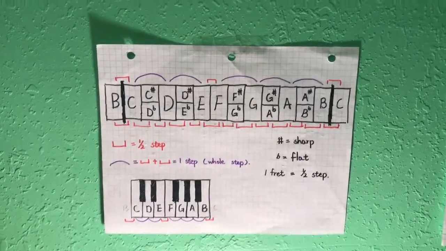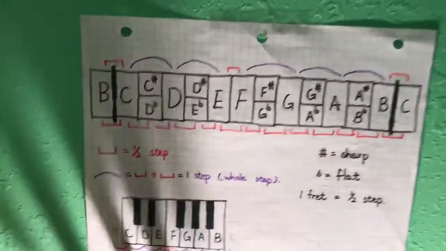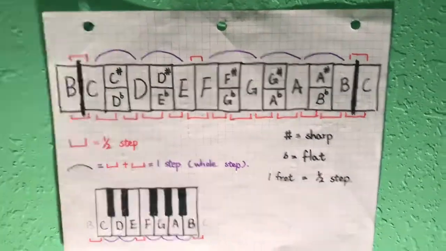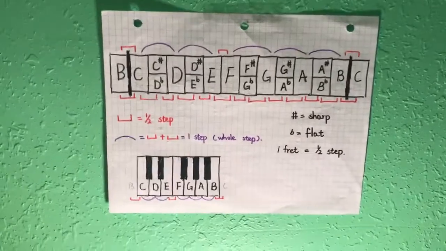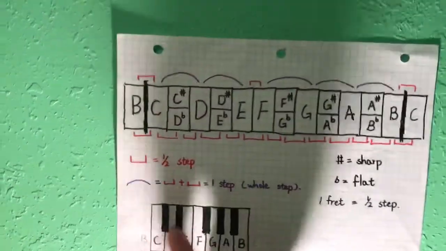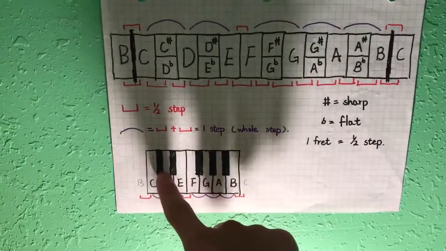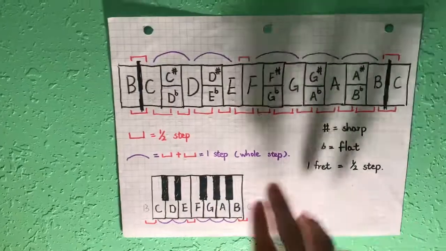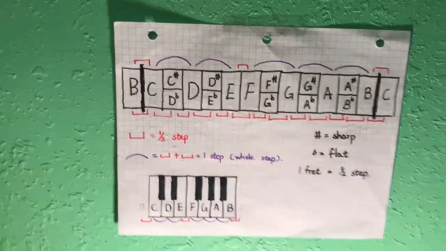Furthermore, if you look at a piano keyboard, whether or not you used to play piano, you will find that the black keys keep repeating a pattern too: 2, 3, 2, 3, 2, 3, 2, 3.